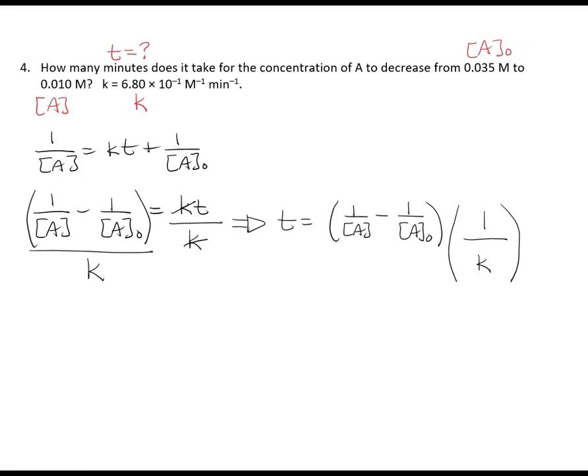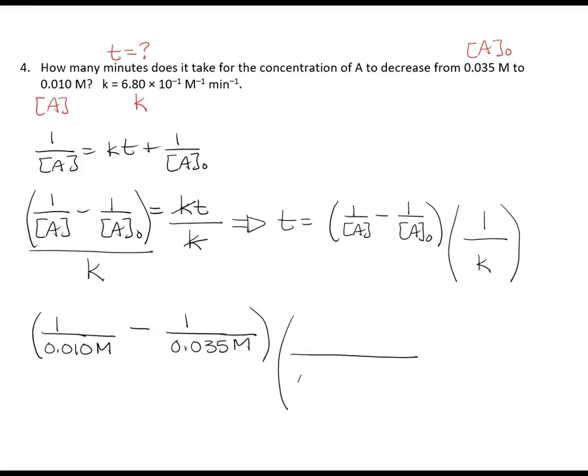Plugging in our values for the first term, the subtraction, we have 1 over A, 0.010 molar, make sure you include the units, minus 1 over A naught, 0.035 molar, times 1 over K. So this begins in the denominator, 6.80 times 10 to the negative 1.